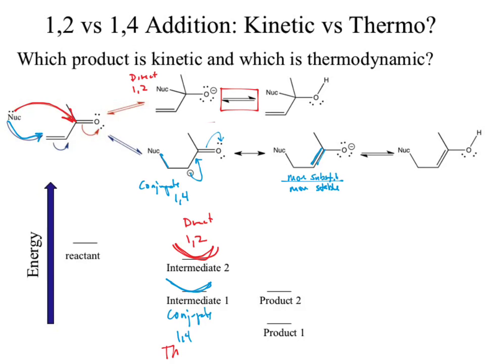So it's fair to say that because it is more stable, it is the thermodynamic product. So stability drives thermodynamics. What drives kinetics is speed, how fast it can happen. That's the thermodynamic intermediate, not product. True. It is our thermodynamic intermediate.